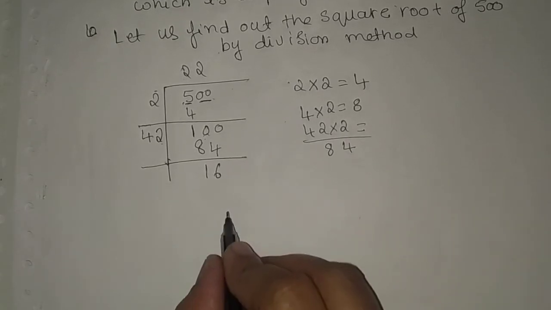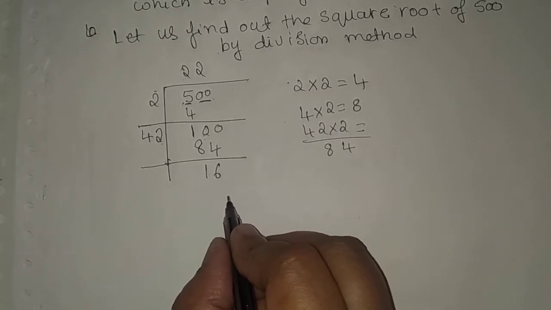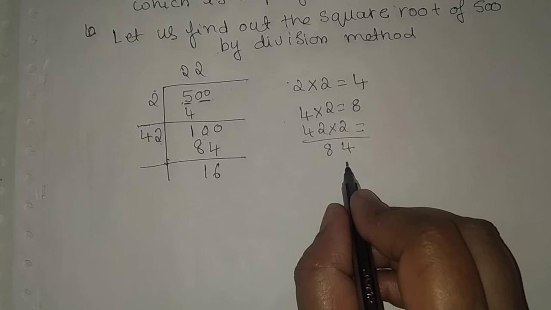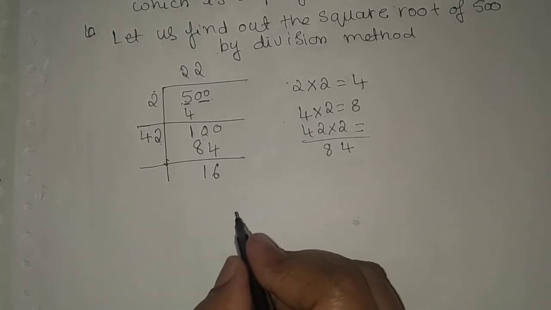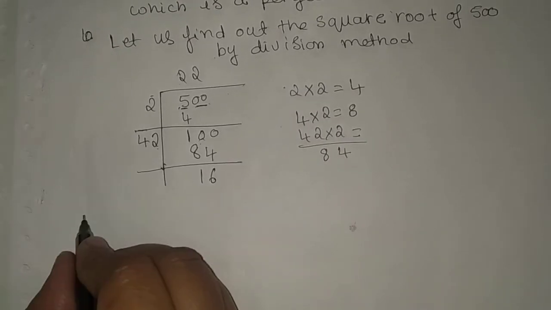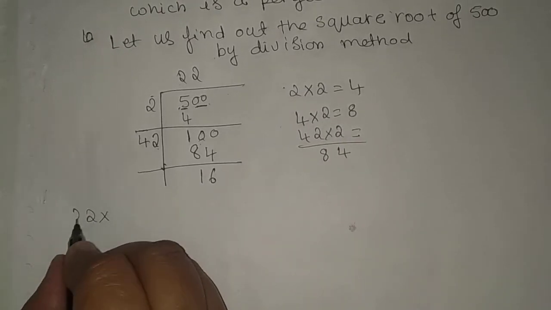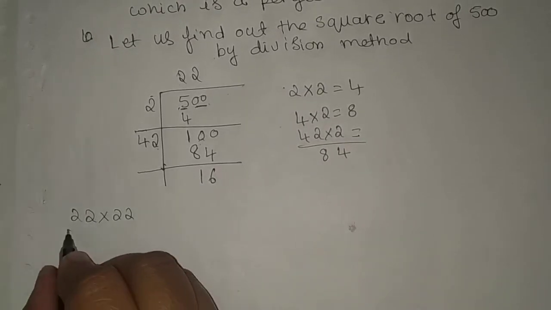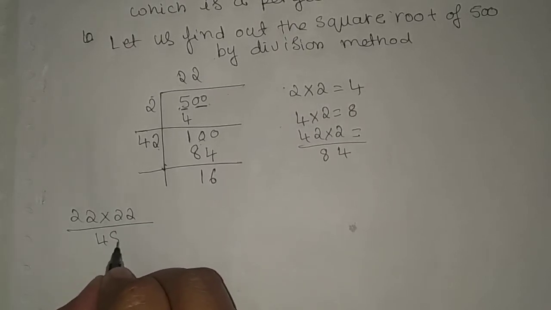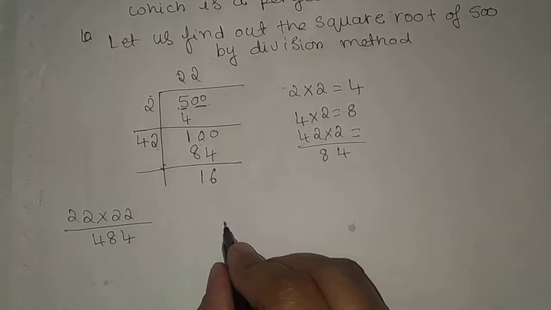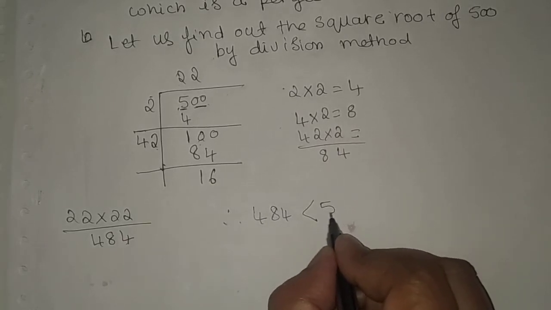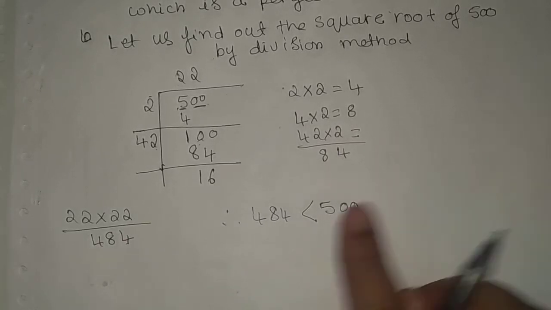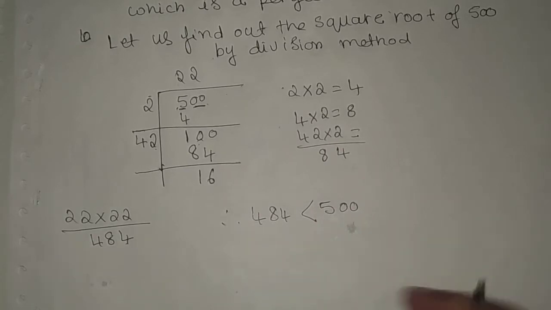Next we have to find out, so we are getting 22 into 22, how much? Therefore 22 into 22 we'll get 484. Therefore 484 is less than 500.